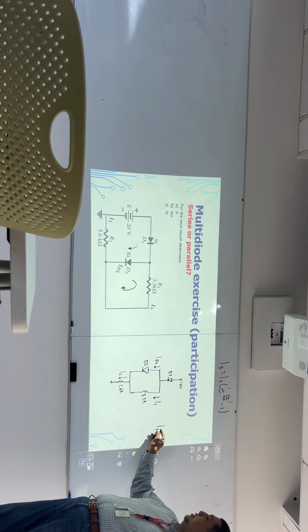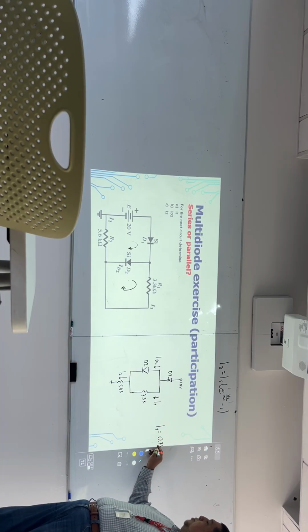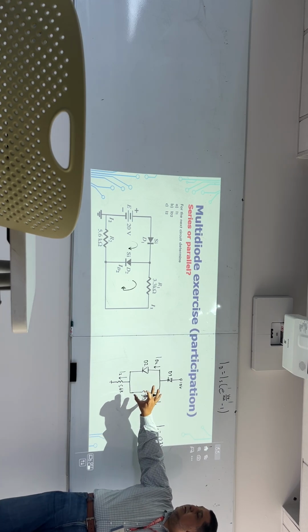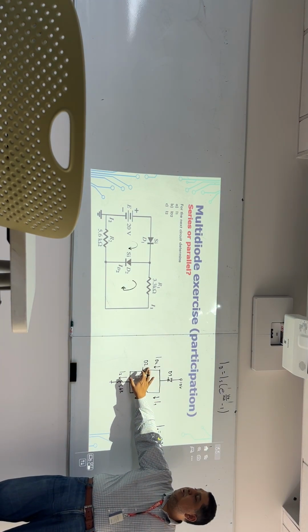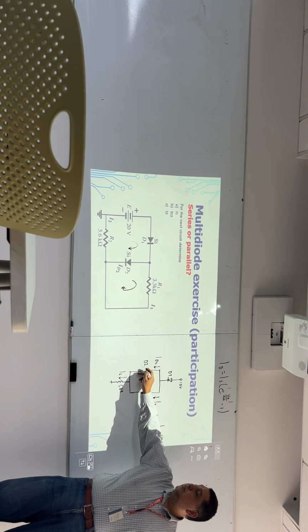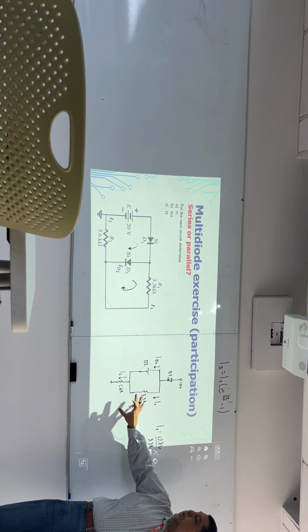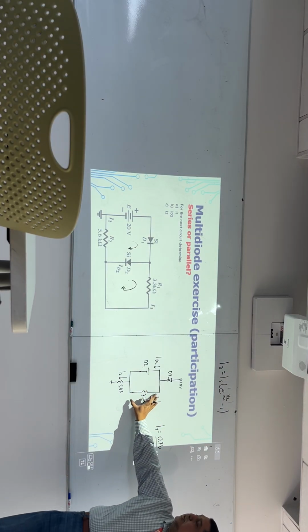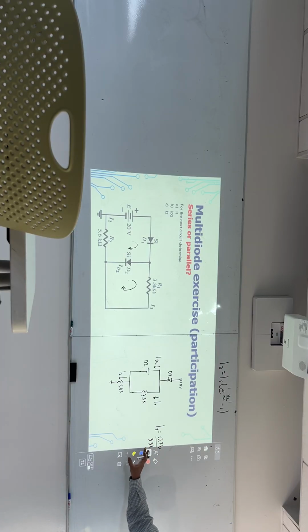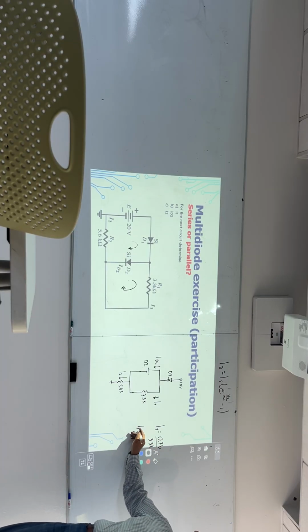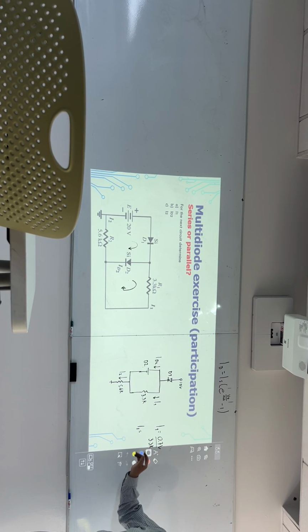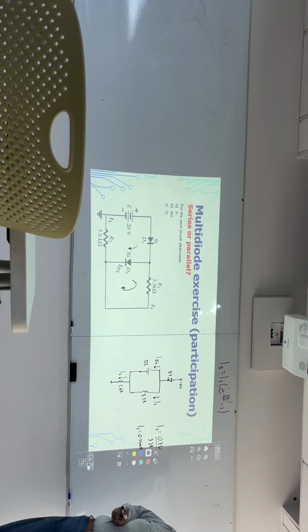So I1 is basically 0.7 volts divided by 3.3K. Again, I can replace this with a voltage source. It is 0.7 in parallel with 3.3, and because of that, the voltage here is 0.7, and now I1 is 0.21 milliamps. So this is I1.